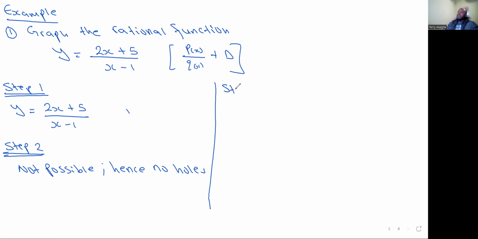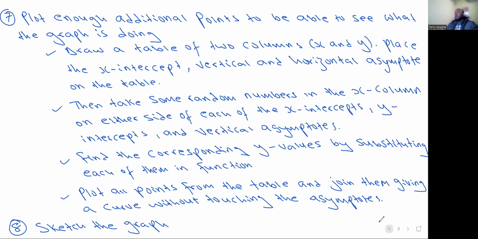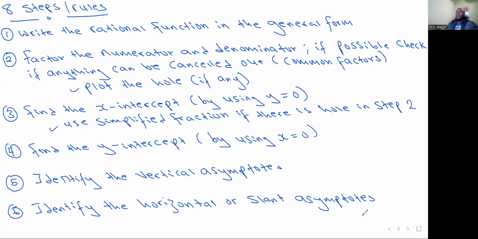So step 3. What is step 3? Step 3 says we have to find the x-intercept by using y equal to 0. We can use a simplified fraction in this case because there are no holes.